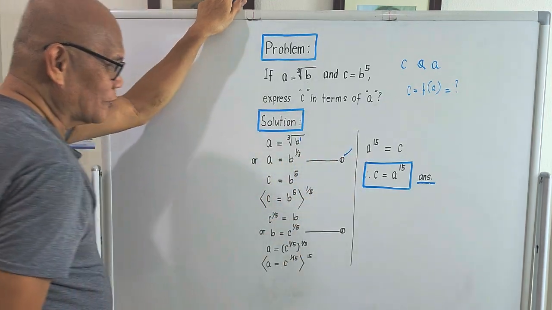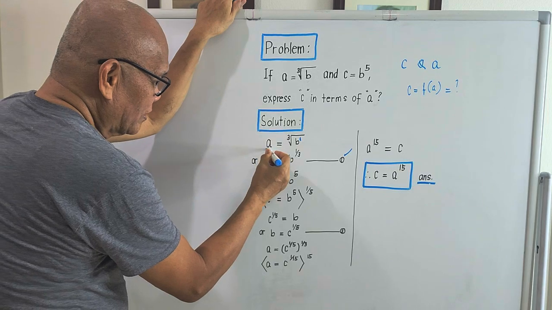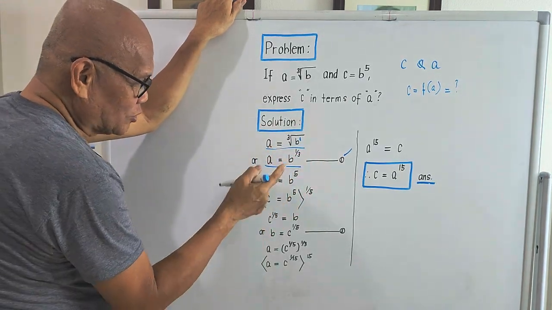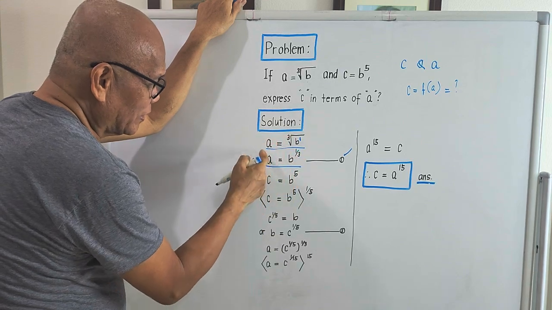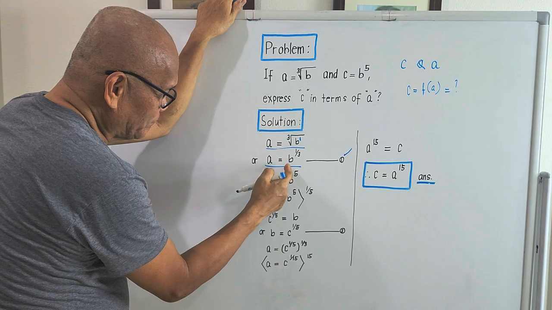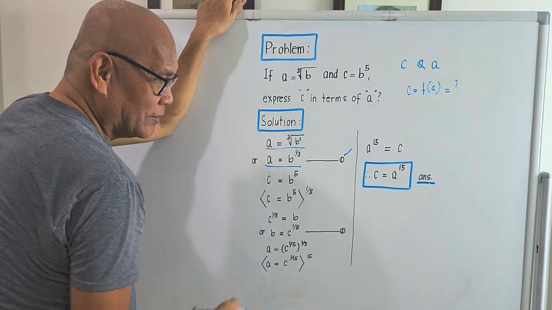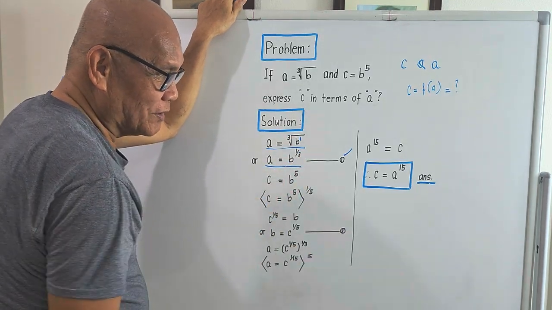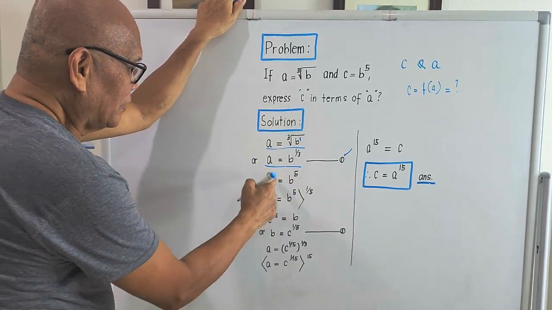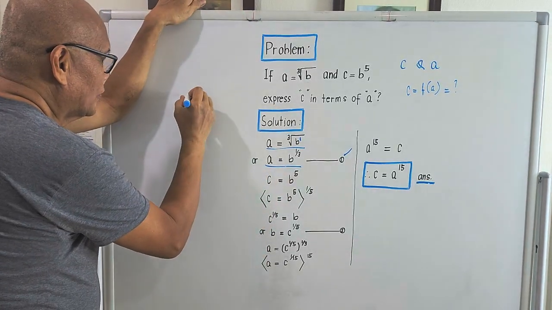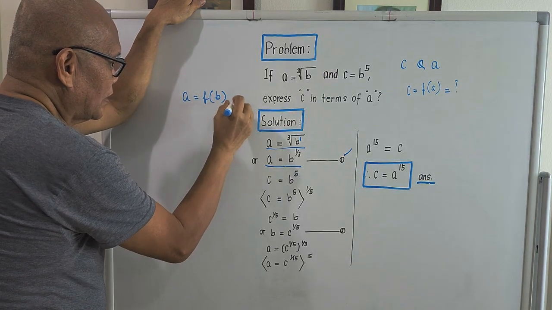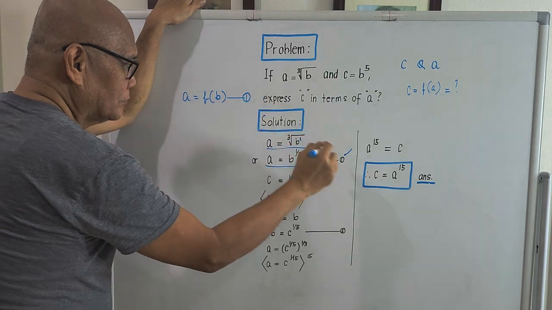In terms of radical expression, a is the cube root of b, or a is b raised to 1/3. They mean the same thing. We call this equation number 1, where a is given as a function of b.